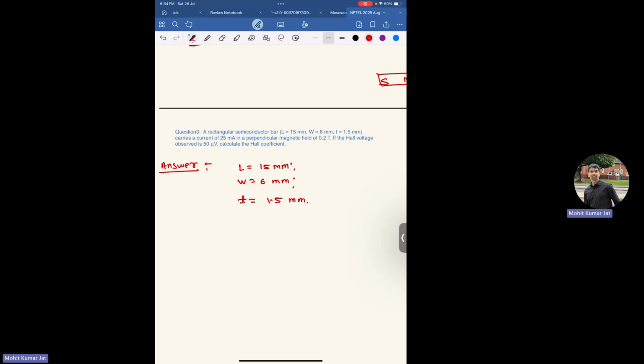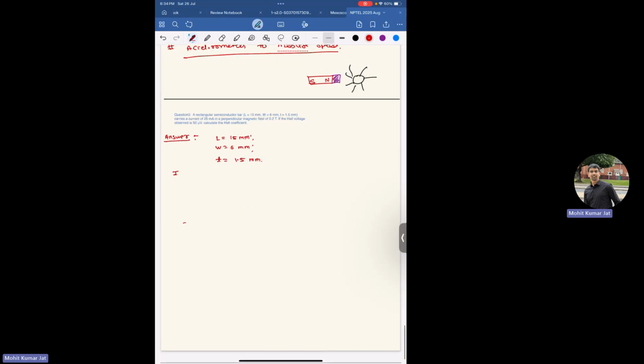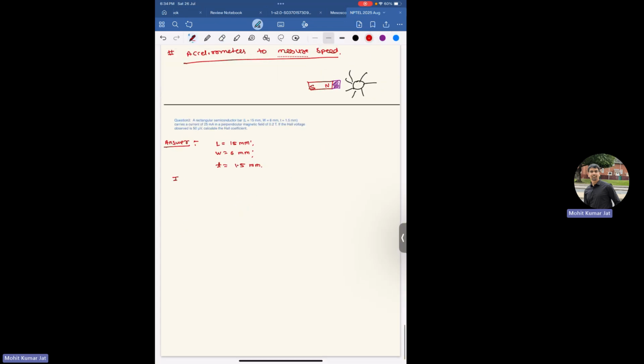It carries a current I, also given, which is 25 milliamps. Magnetic field B is also given, 0.2 Tesla. And VH is also given, 50 microvolt. They are asking to calculate the Hall coefficient.